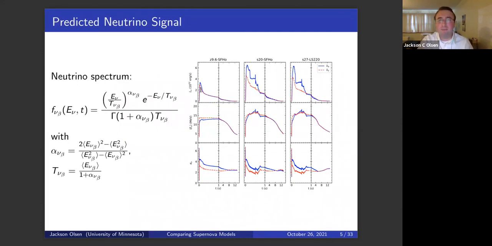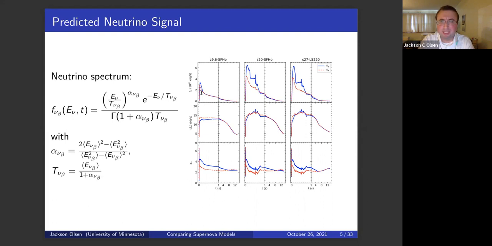Now here, I've plotted the neutrino signals for the 3 models that I'll be considering today. In particular, I've plotted the nu E bar and nu X signals because it turns out those will be the most relevant. And you can see in this top row, which is the neutrino luminosity, that the lower mass 9.6 solar mass star has a not very pronounced accretion period.